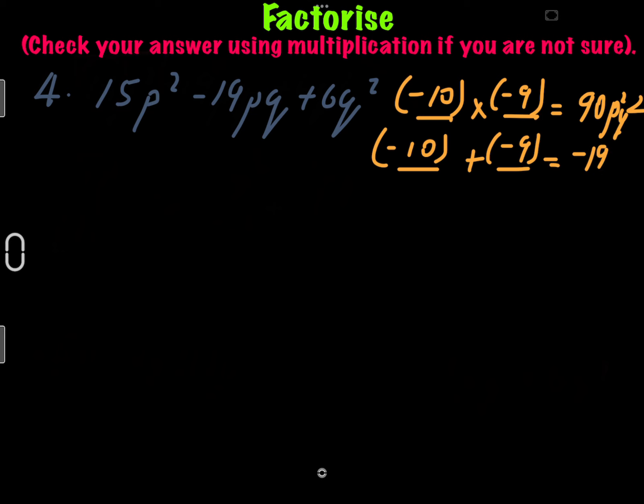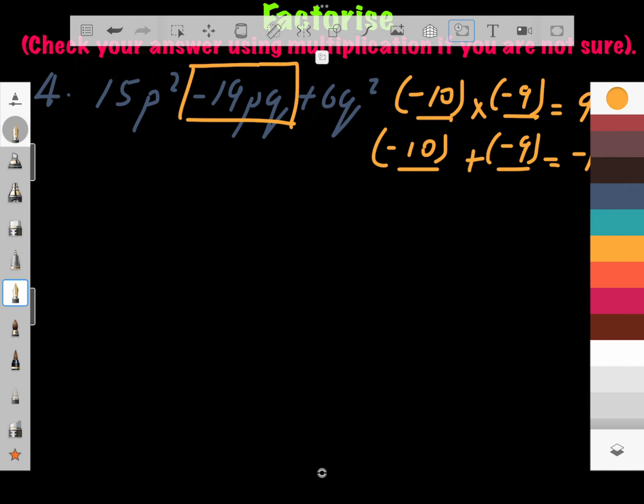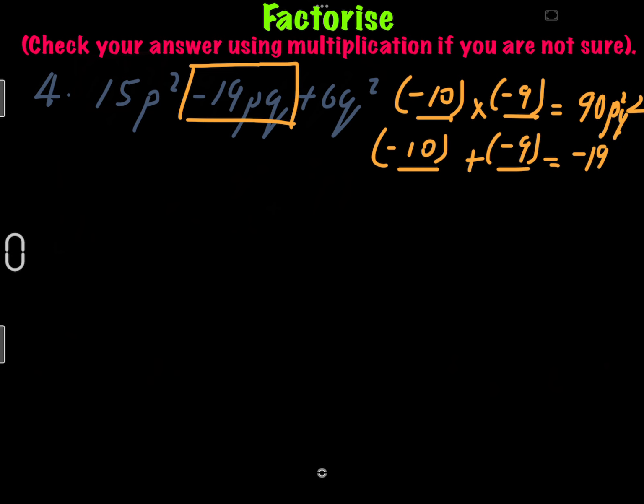Remember the idea here of negative 19 was to find the middle term, this value. So when you split this, remember we are taking these two values, so we have negative 10pq, positive multiplied by negative gives us negative, and then we have negative 9pq.